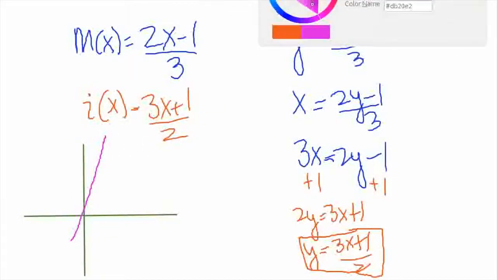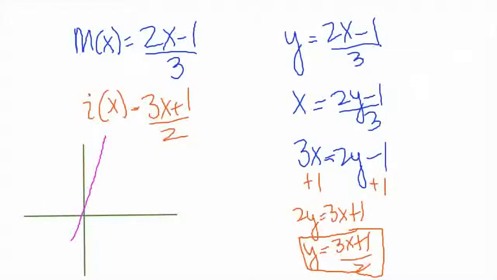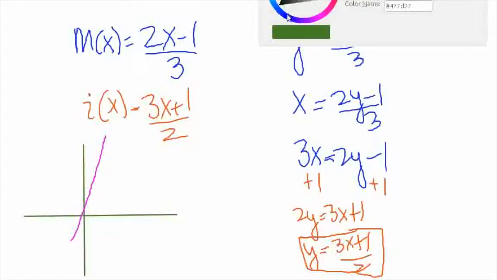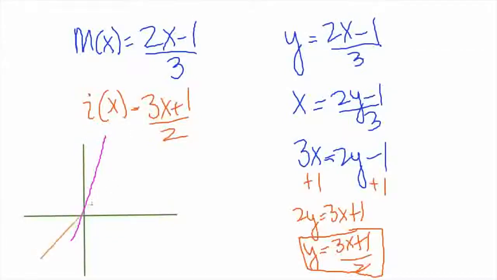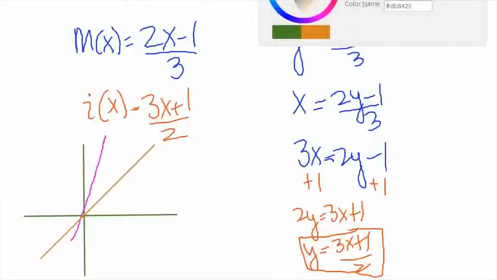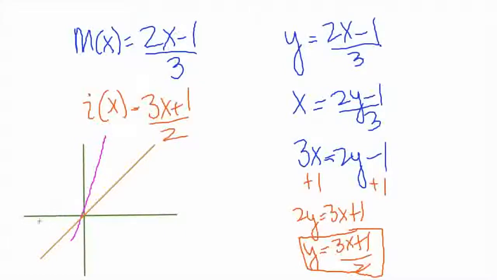It's going to turn out that the inverse is the same thing you would get if you reflected that graph over the line y equals x. So if I flip that purple line over that orange line, I would get this green one.